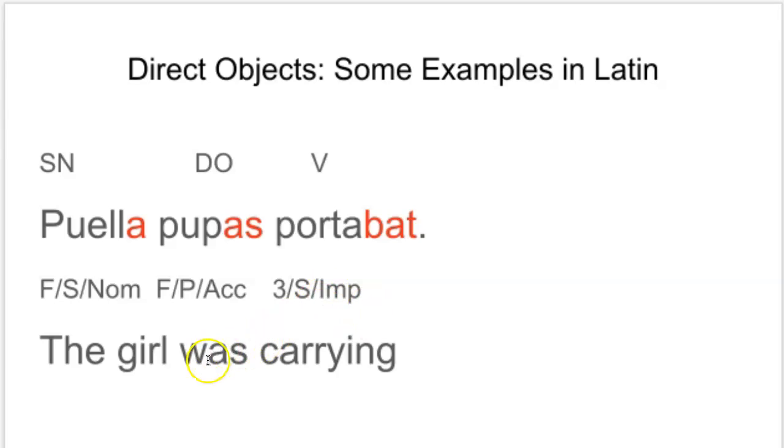I've got to make sure I use the right helping word so it goes along with the tense I've identified. The girl was carrying. Who or what was the girl carrying? That's our direct object. The girl was carrying the dolls. Again, make sure that if you said it's plural, it matches your translation. It's a very common mistake for people to label something correctly but then miss it on the translation. Use the parsing and labeling as your roadmap to help you with your translation.